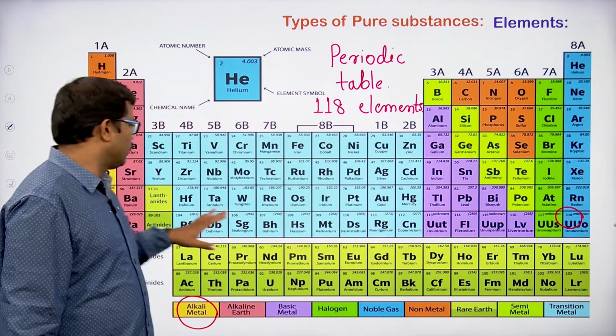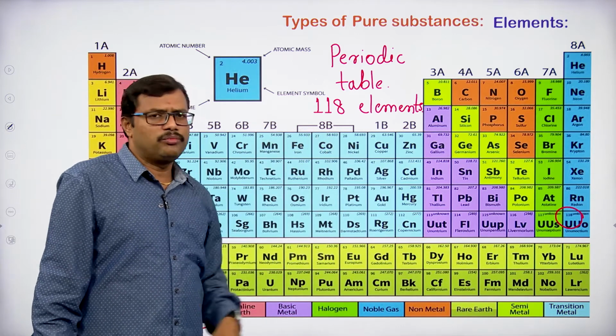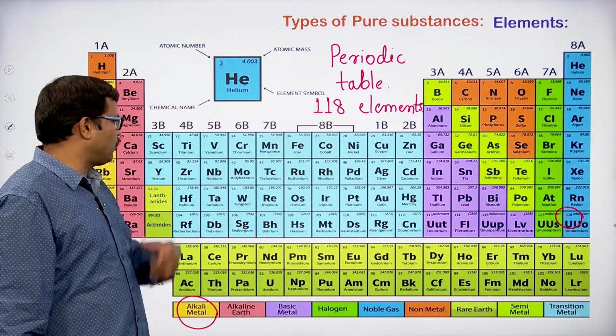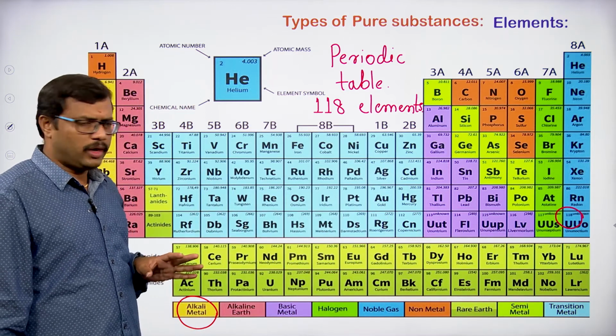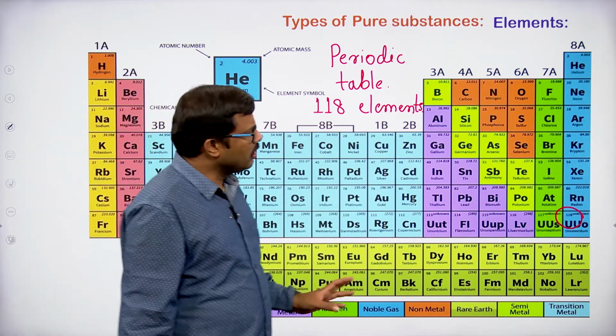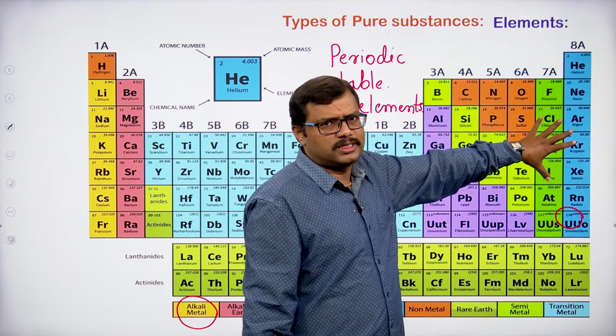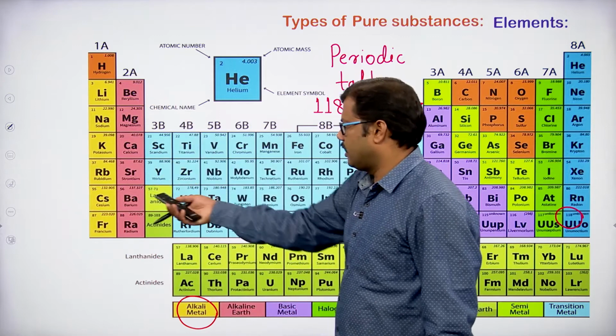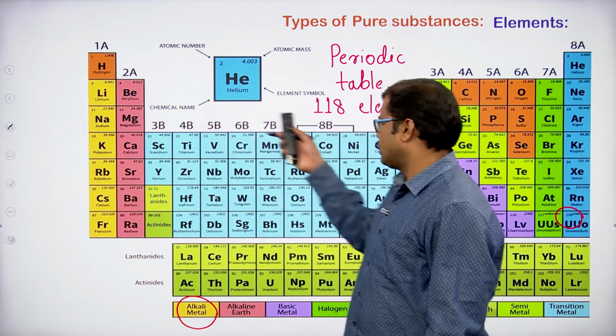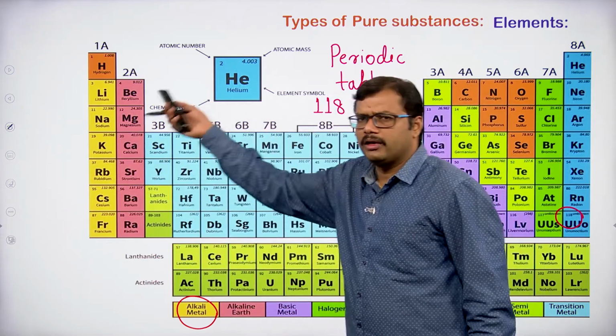If you observe, they are the transition metals, occupying the middle portion of the periodic table. The non-metals occupy this area, and on this side we have alkali metals and alkaline earth metals. So, this total portion is occupied by metals.